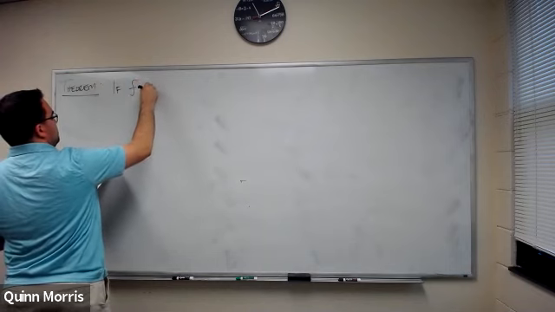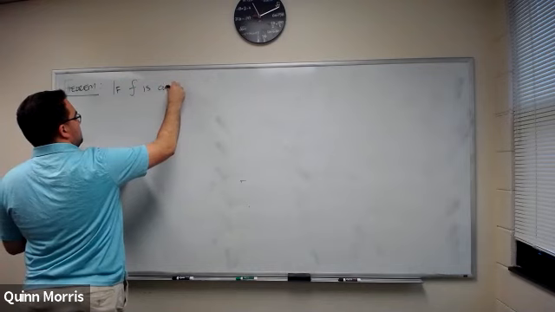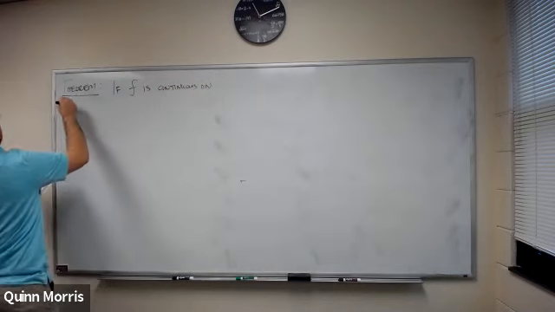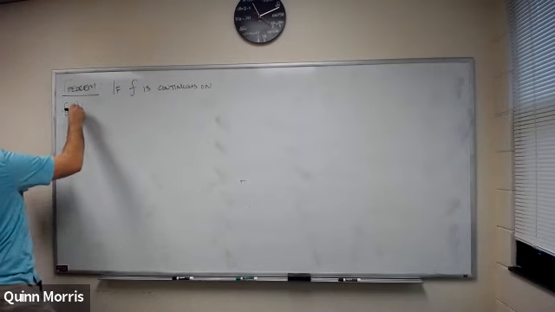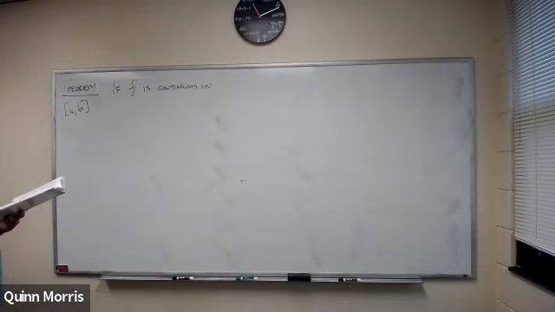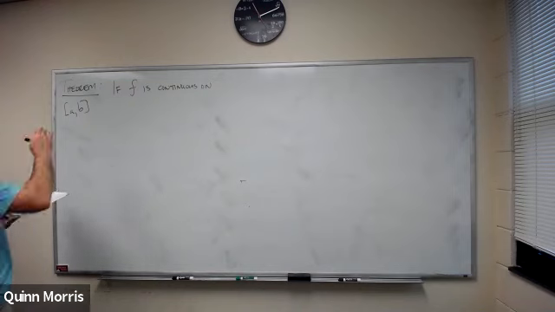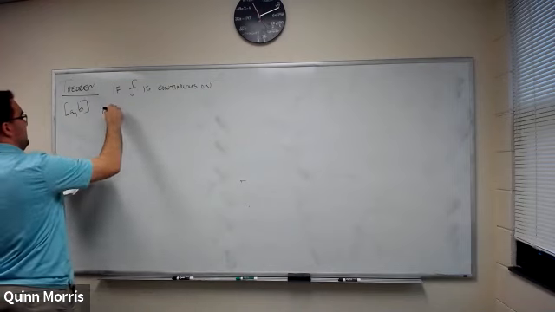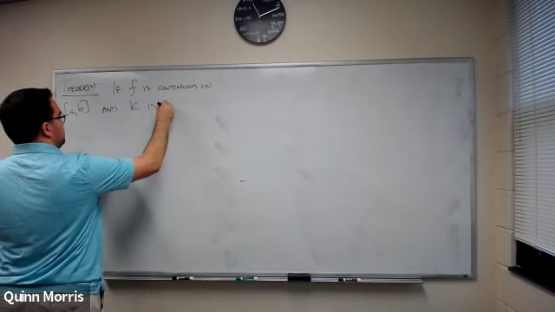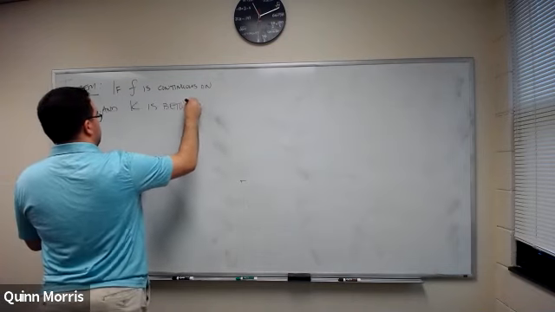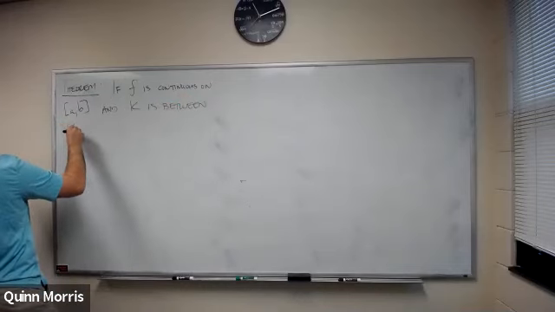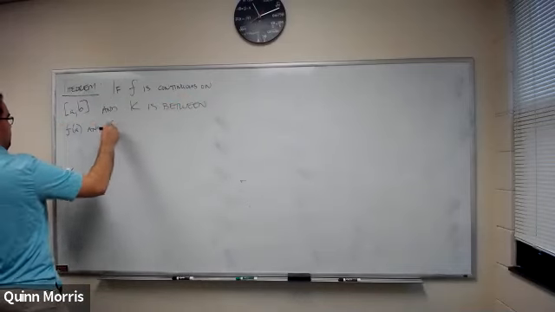If f is continuous on [a, b], again, I'm not generalizing this at all. This is still working on the closed interval [a, b], and k is between f(a) and f(b).